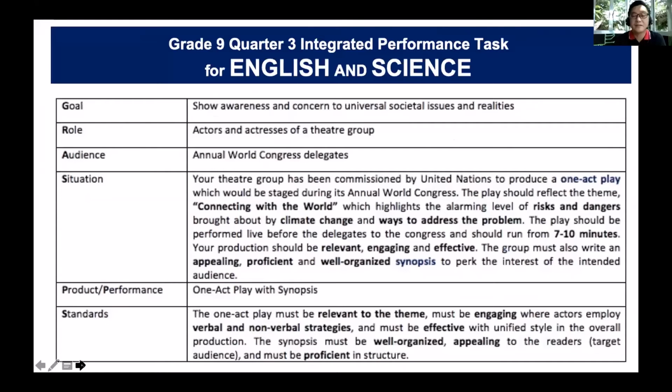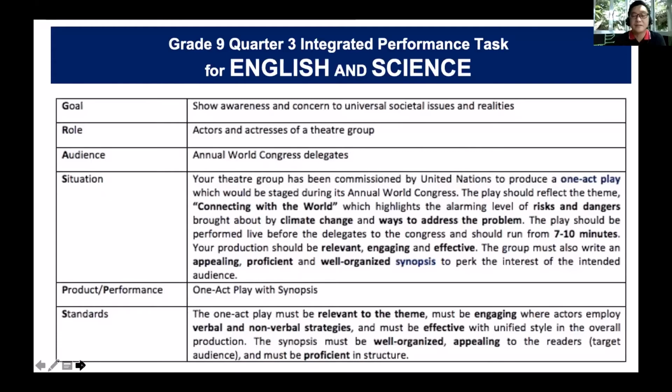That's the situation. Now, how is it that we decided to make this an integrated performance task for 2 subjects, English and Science? Let's take a look at the performance standard for English, grade 9 quarter 3.